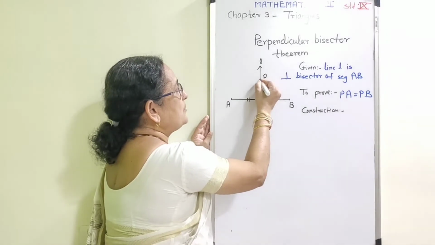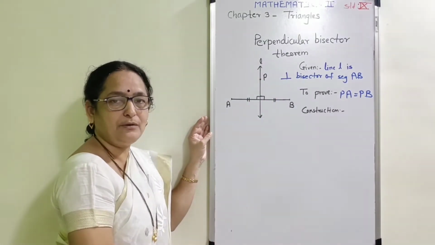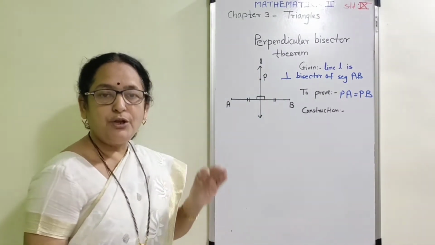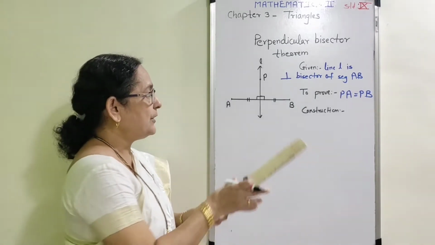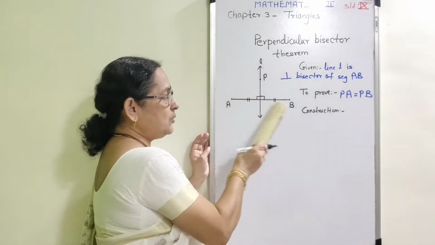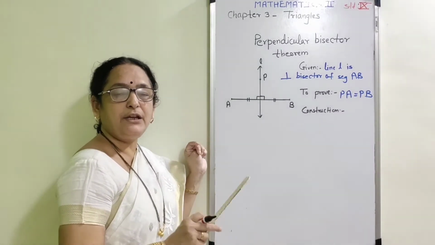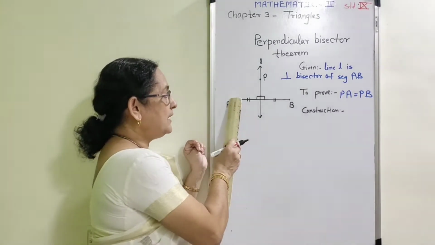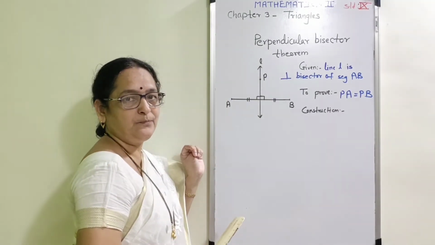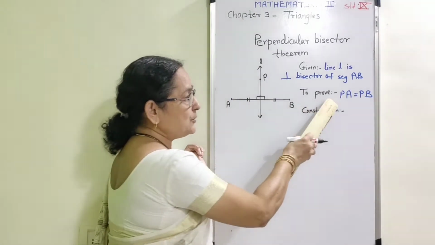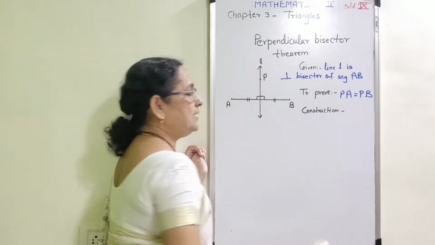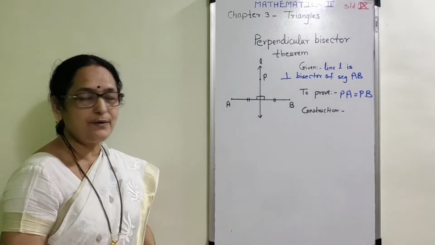Suppose we have taken a point P on that perpendicular bisector. Here you are going to prove that point P is at equal distance, that means in mathematics we call it equidistant, from the endpoints of the segment. Here we are going to prove that PA and PB, both the segments, are congruent to each other.